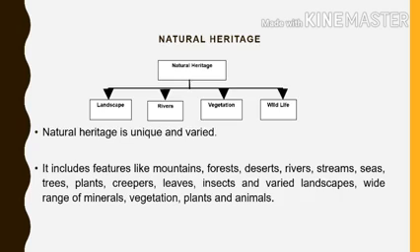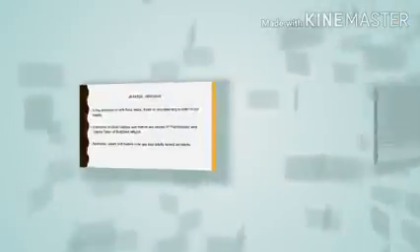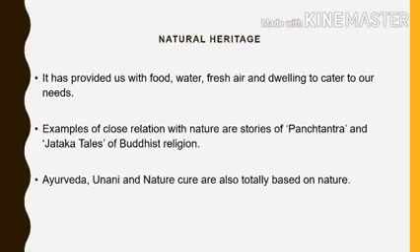Natural heritage includes features like mountains, forests, deserts, rivers, streams, seas, trees, plants, creepers, leaves, insects, and varied landscape, wide range of minerals, vegetation, plants, and animals. Natural heritage is a very important resource which provides us with food, water, fresh air, dwelling, and to cater to our daily needs.